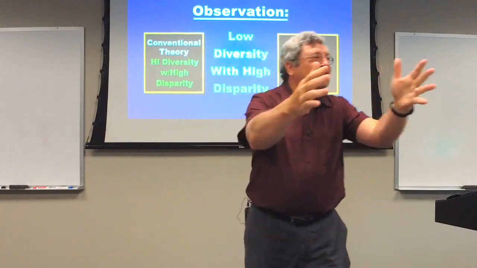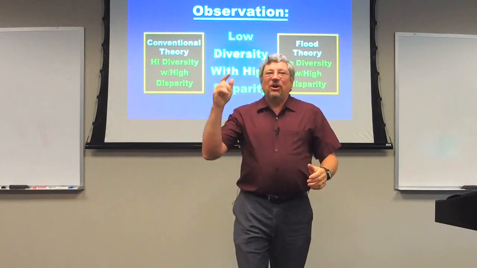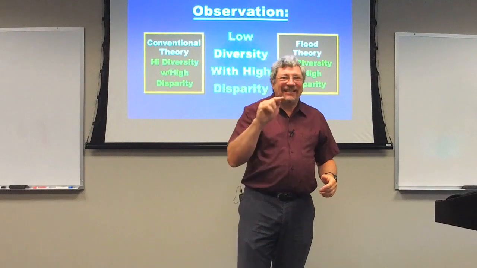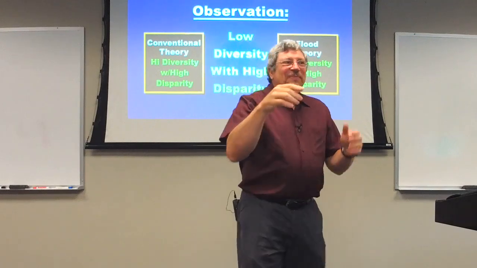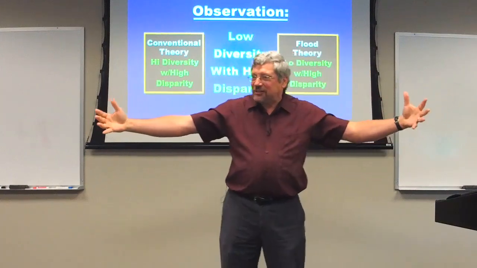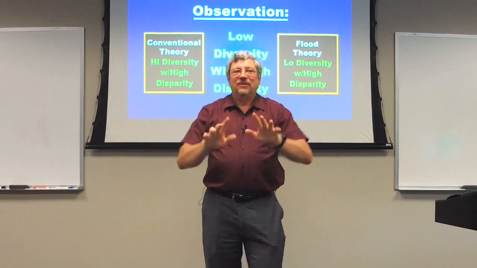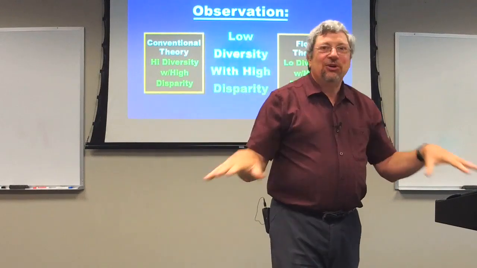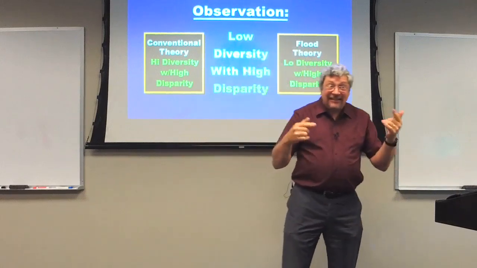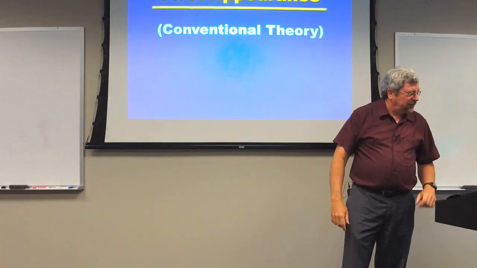It's for a Roman legion to go in and fight and be decimated, that only 1 out of 10 make it. It is decimated, okay? That's what the fossil record shows. We have this extraordinary disparity and subsequent decimation to the present. The present is a decimated world compared to the world of the past. Not the expectation of conventional theory, but the expectation of flood theory.